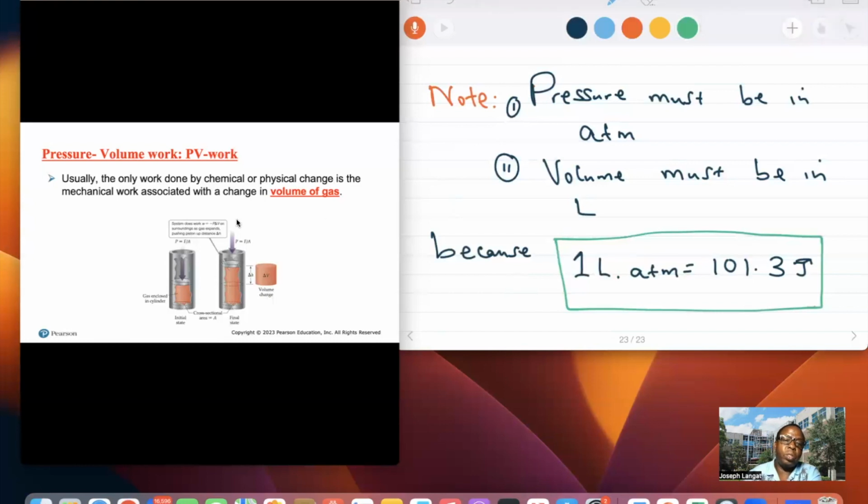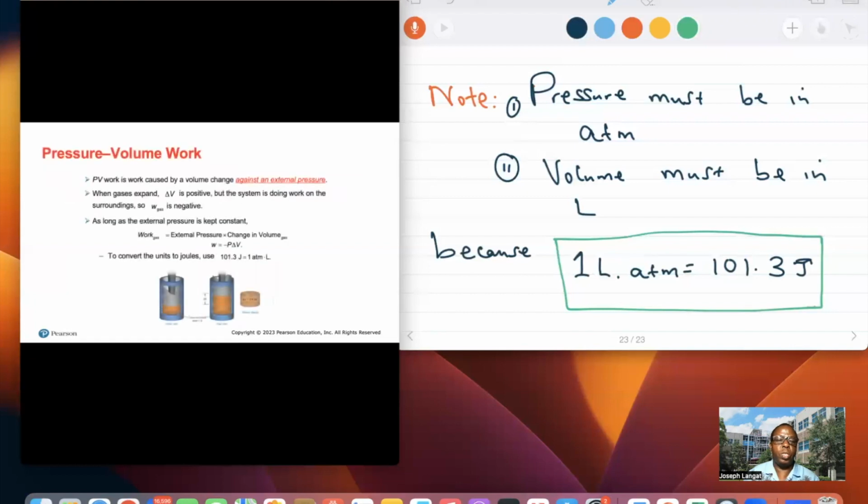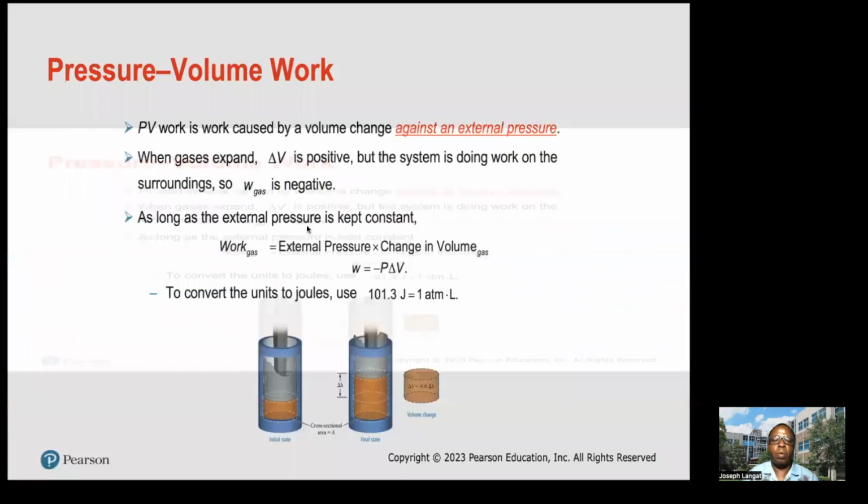Remember, in this equation, volume has to be in liters. So the unit will be liters times atmosphere. This is an equivalent statement you'll use to express the energy or the work done by the system or on the system using the appropriate units, joules, which is the SI unit for work.